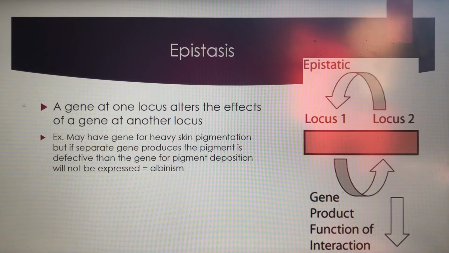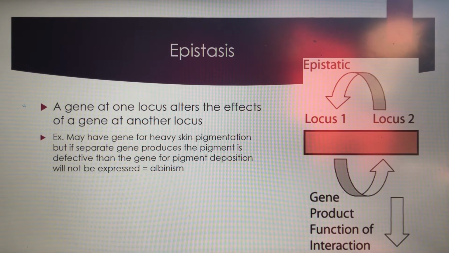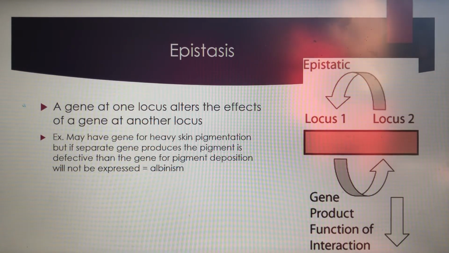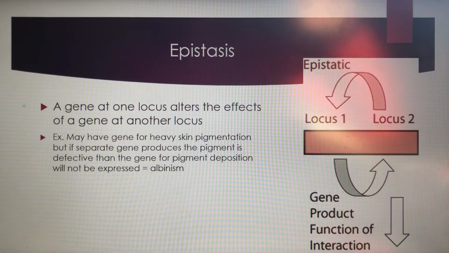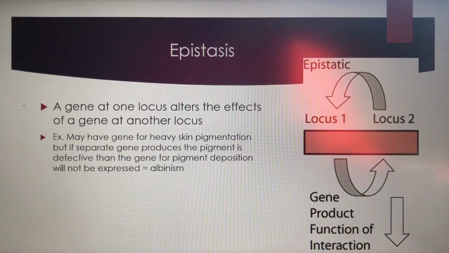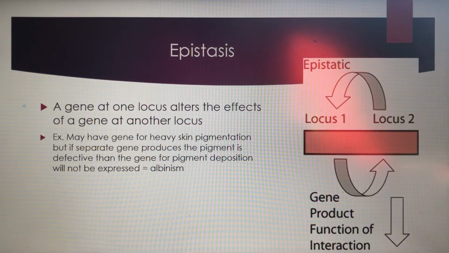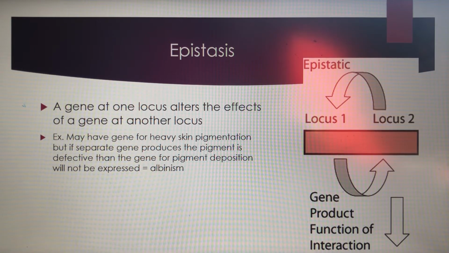But if they have the graying gene, then it affects the expression of their color. As they age, their coat ends up getting some white flecks, and eventually, by the time they're 20, they're completely white. So epistasis is cool. Again, it's where the gene at one location controls the expression of the gene at another location.